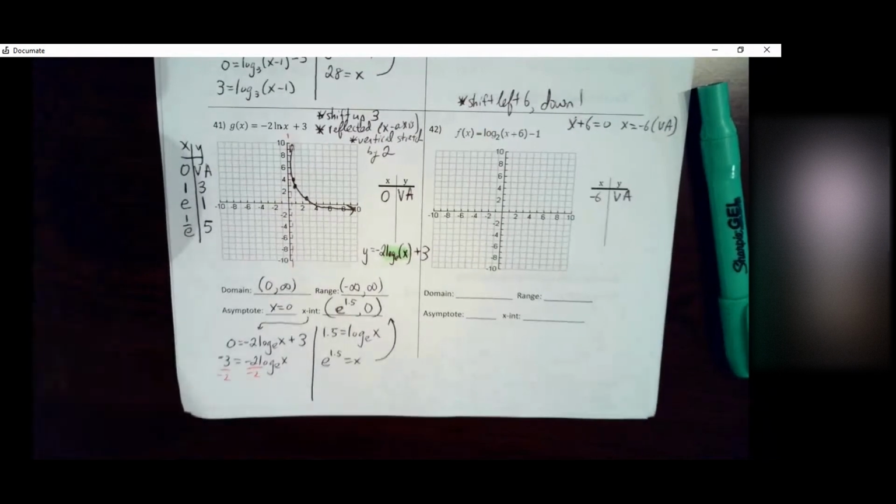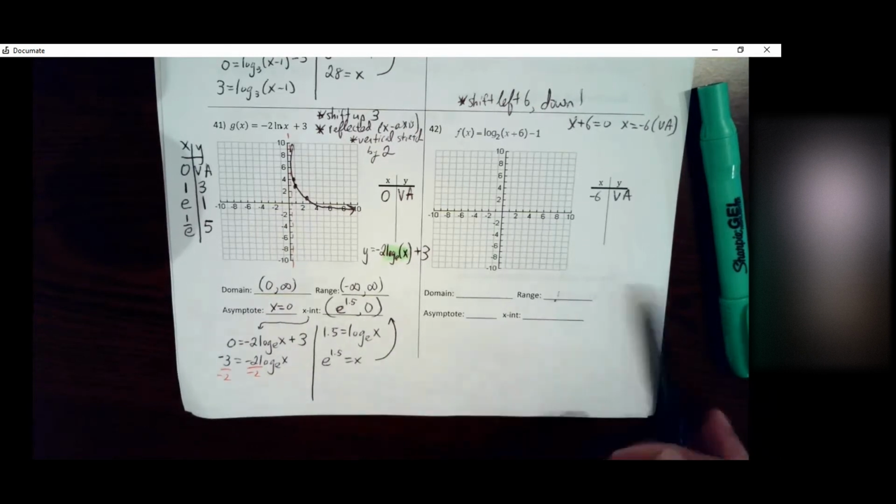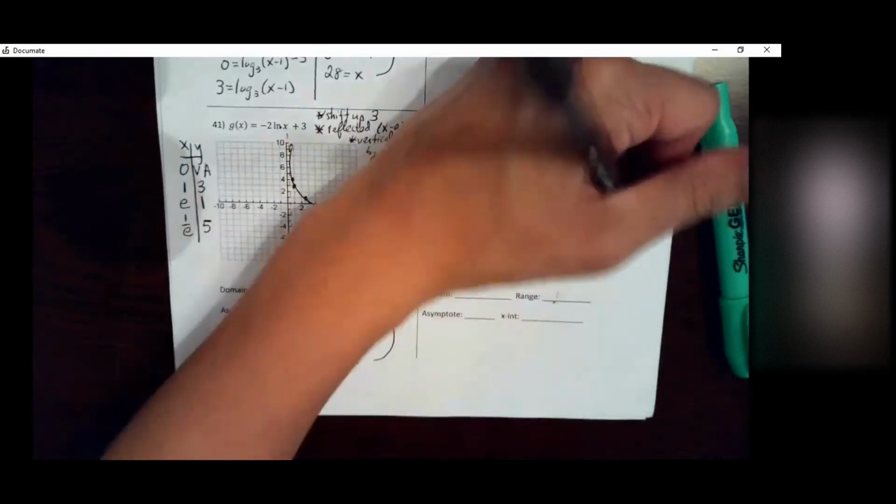Okay, so if x equals -5, y would equal 0.